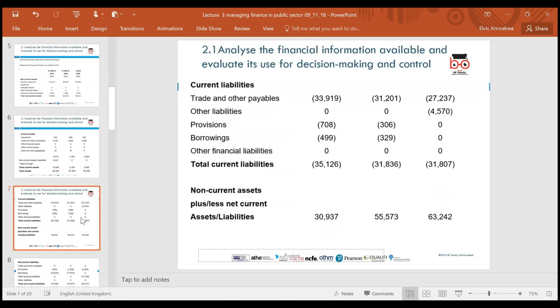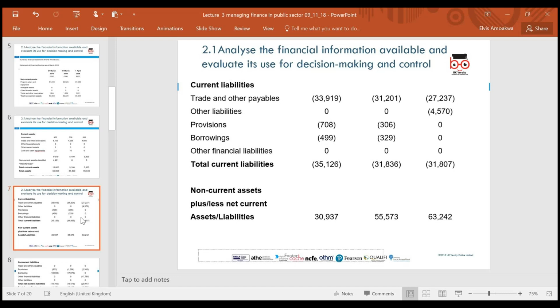In the balance sheet, after the fixed assets and then the current assets, you have current liabilities and non-current liabilities. So with the current liabilities, we've got 2010, 2009, and 2008. So total current liabilities for 2010 is 35,000, 2009 is 31,000, and 2008 was 31,000.